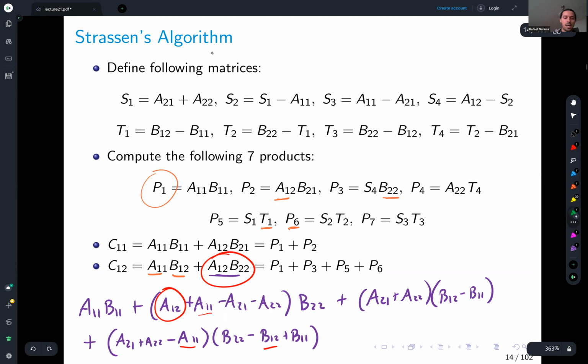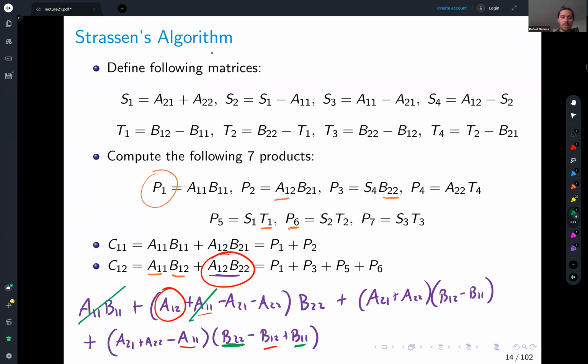So A11 times B11 cancels with this A11 times B11 here. So this is the first cancellation. And then A11 times B22 cancels with this A11 times B22. So this cancellation also happens, and this guy is completely eliminated.